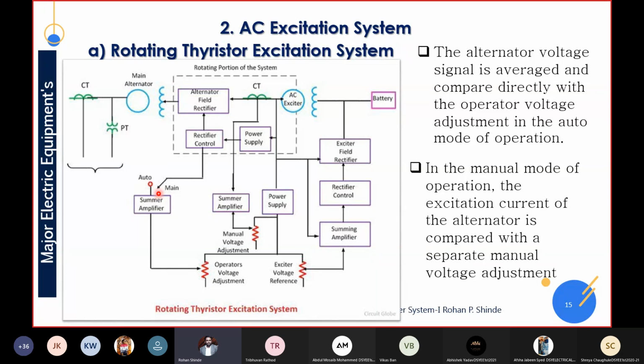Now whenever there is a requirement of manual mode of operation, we have to compare the current. That current is nothing but the excitation current of the alternator, which is compared with the manual voltage adjustment. Okay, so this is all about the rotating thyristor type of excitation system.